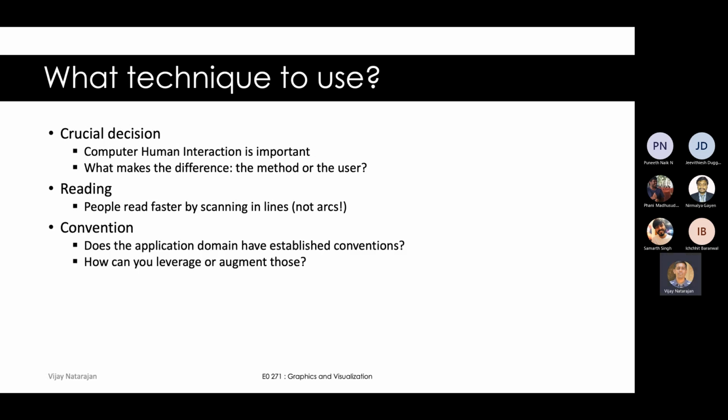You also have to be mindful of the convention. Let's say you are going to become a data analyst. That's probably one of the situations where you will be required to display your output as a tree or a graph or as a matrix or simple charts. You need to know what the convention is in that particular application domain.